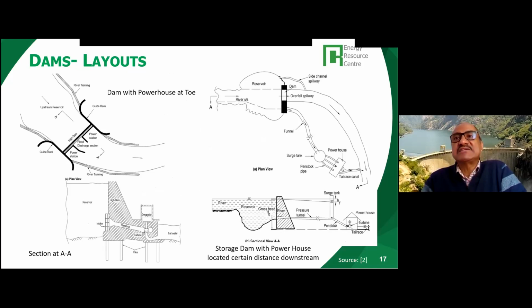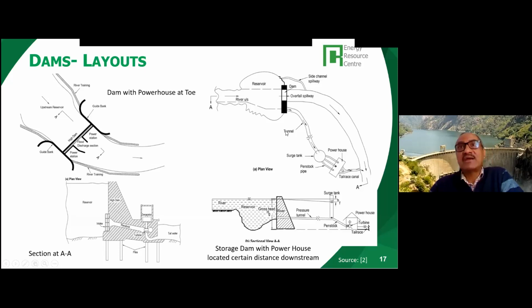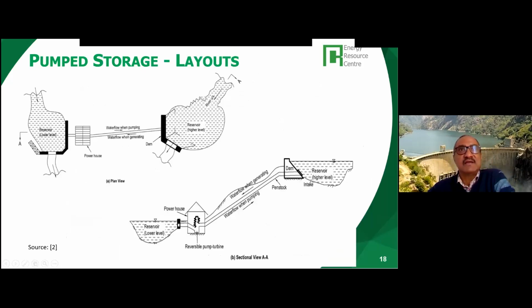Some have their powerhouse just at the toe of the dam. But other projects have another headrace tunnel where the powerhouse is located a certain distance away from the dam and reservoir. This gives you additional head that can be utilized for power generation.